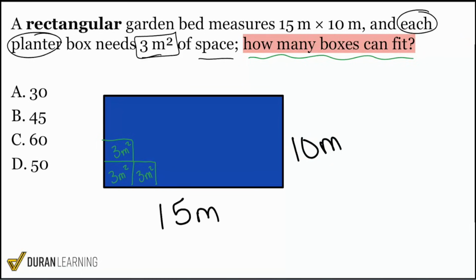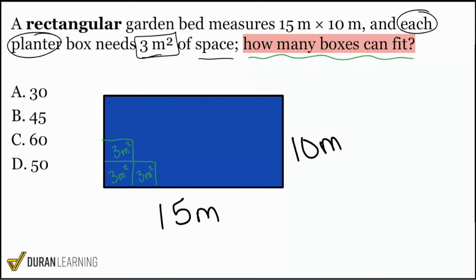Remember, everybody, when we're asking ourselves how many of one value can fit into another value, what operation are we thinking of? Yeah, we're thinking of division. That's right. Whenever we ask how many times can this fit into this bigger value, that is going to be division every single time.